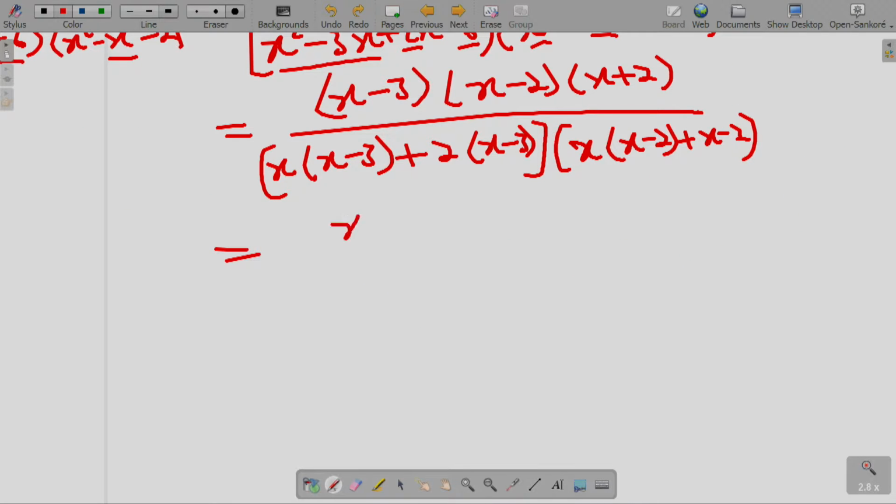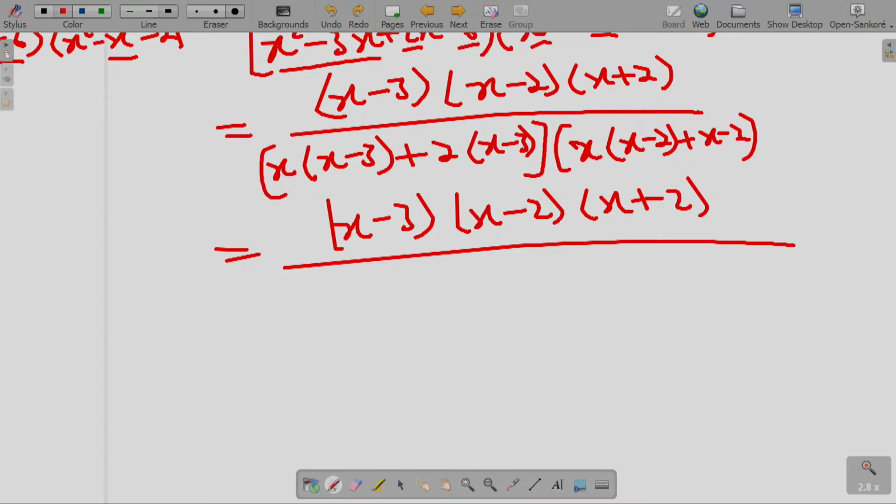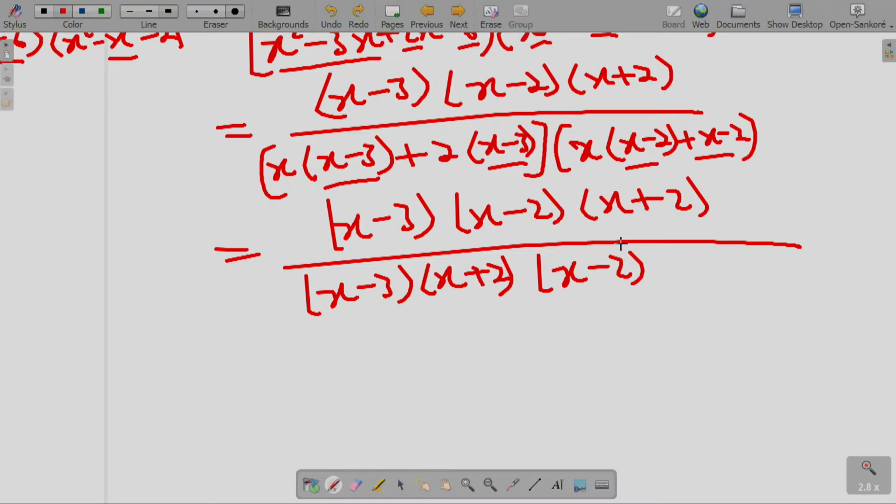So this is equal to x minus 3 times x minus 2 times x plus 2 over, x minus 3 is a common, remain x plus 2, and here x minus 2 is a common, the remaining is x plus 1.